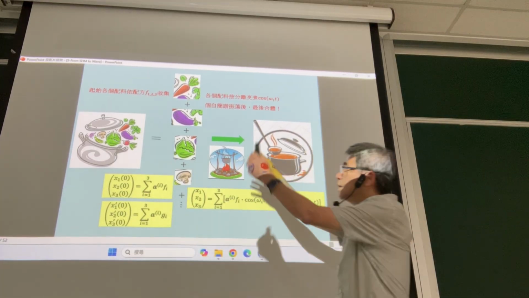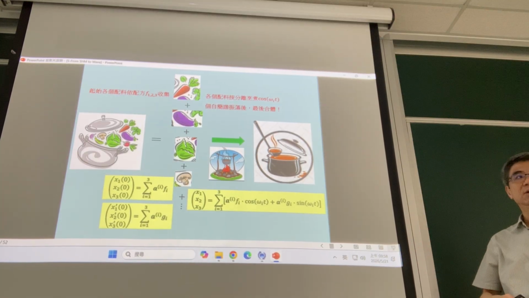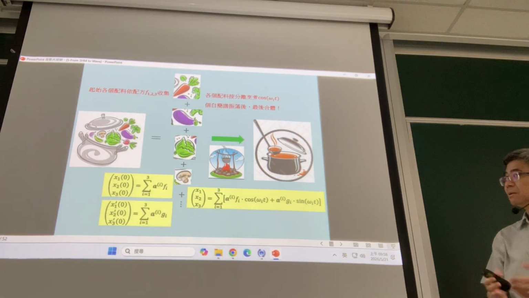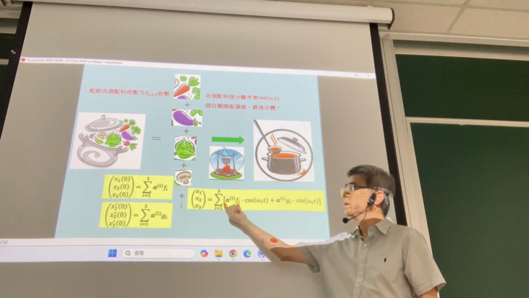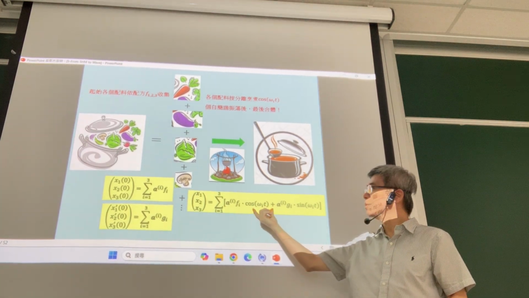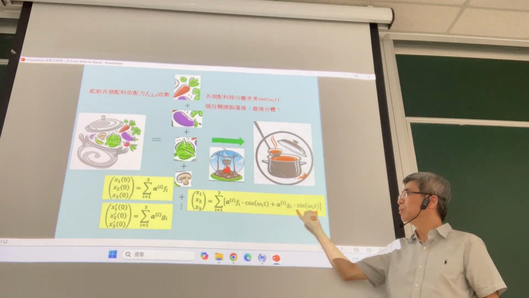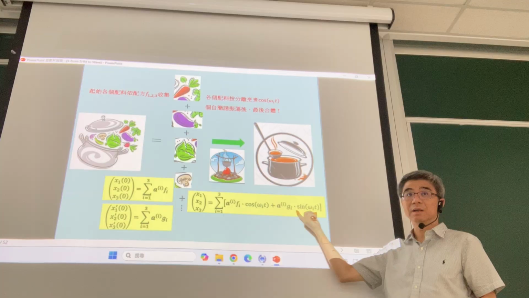Then you put everything together, and every ingredient will evolve on its own. As time passes, the ingredient will be multiplied by cosine omega t. If it is G, then it will be multiplied by sine omega t.